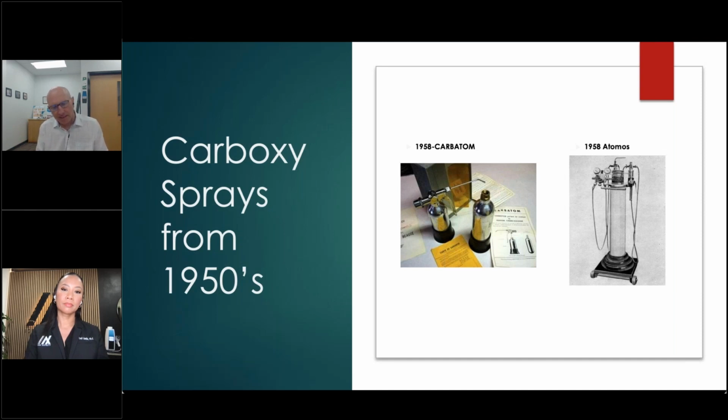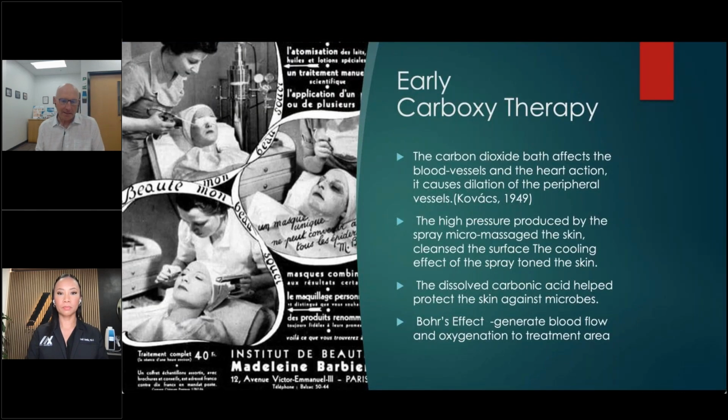You can still find these devices out and about, in shops or with collectors, but they were very, very popular because what they did was something pretty simple. They basically were a spray of carbon dioxide that was simultaneously blended with a solution, which was generally infused with herbs or some sort of essential oils.